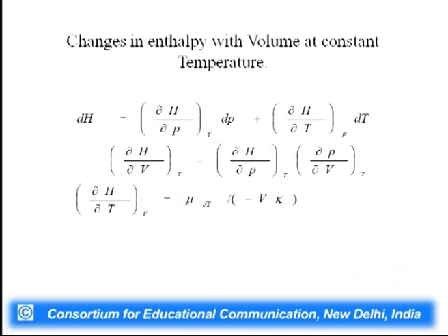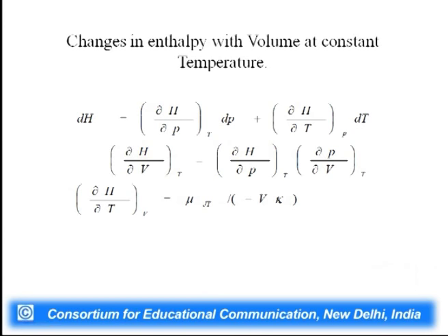Now, for example, if we want to calculate the change in enthalpy with volume at constant temperature, again you must remember that H is generally written as a function of pressure and temperature.